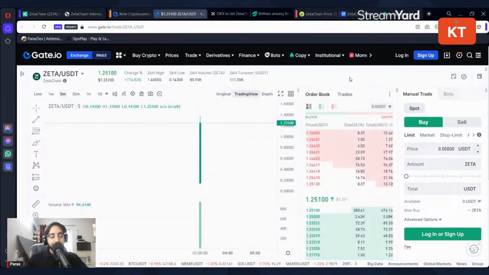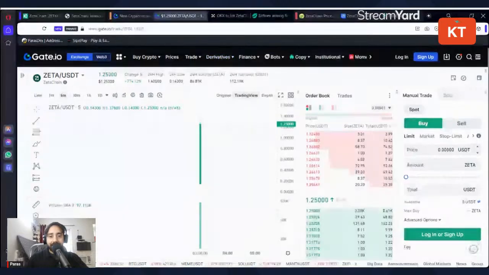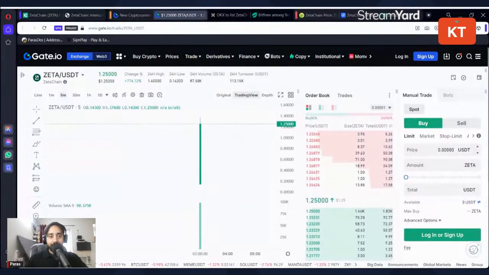I think after Manta, this blockchain has done wonders for investors, the early investors, crossing $1 already and bringing real income to the token holders. So we have Zeta now at $1.21, trading strong. Let me check its price on other exchanges also.